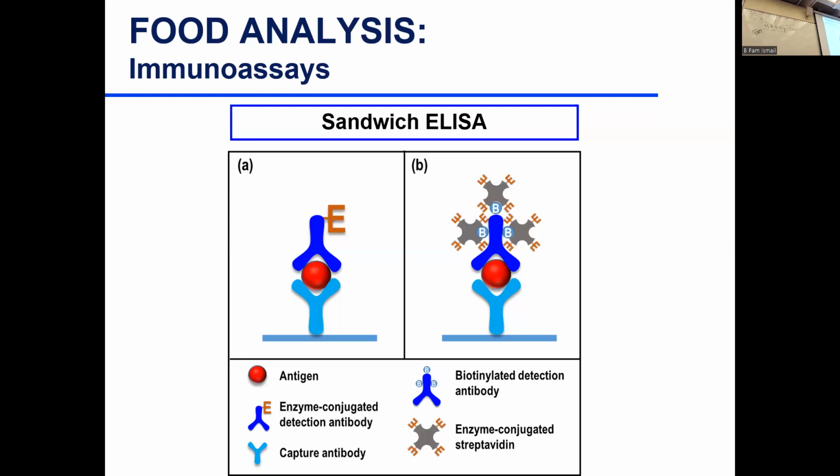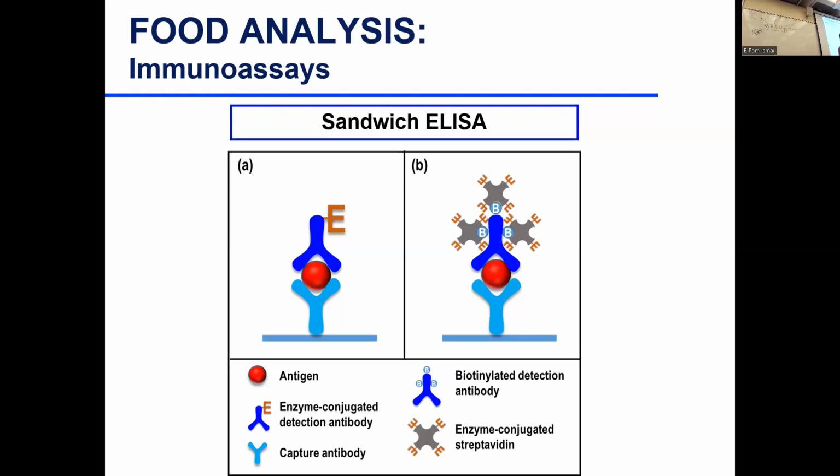So instead of having one enzyme linked, we can use this assay where you have biotin and you have the streptavidin that binds to biotin that is labeled with multiple enzymes. You have multiple enzymes on one antibody now. You multiply the sensitivity of your assay and enhance.